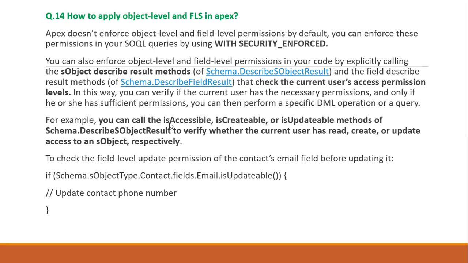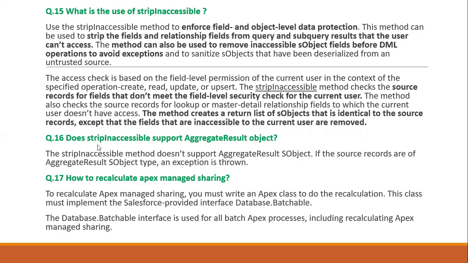For example, you can call the isCreateable, isUpdateable and isAccessible methods of the Schema.DescribeSObjectResult to verify whether the current user has read, create and update access to an object respectively. Check the field-level update permission of the contact's fields before updating, then update the contact's phone number.